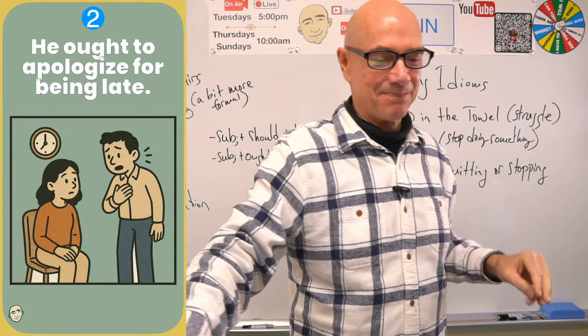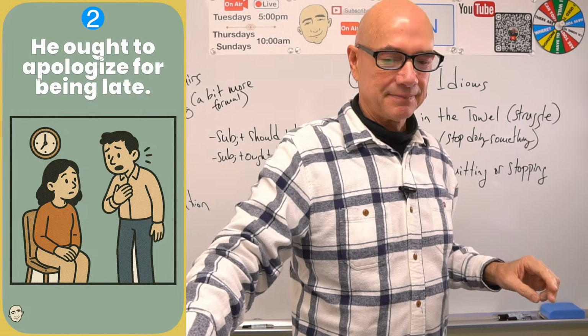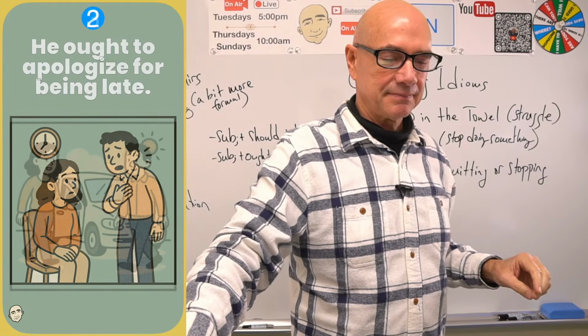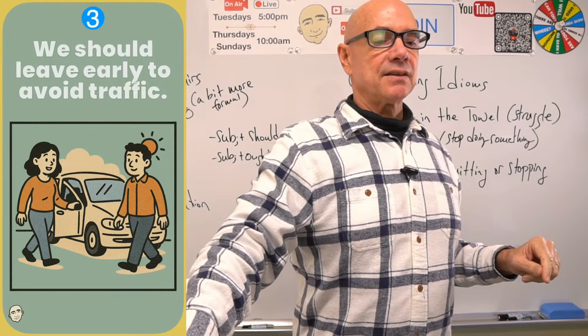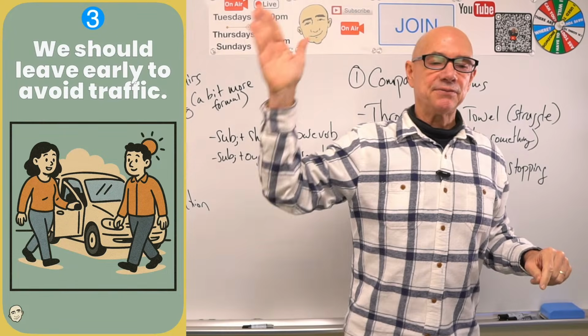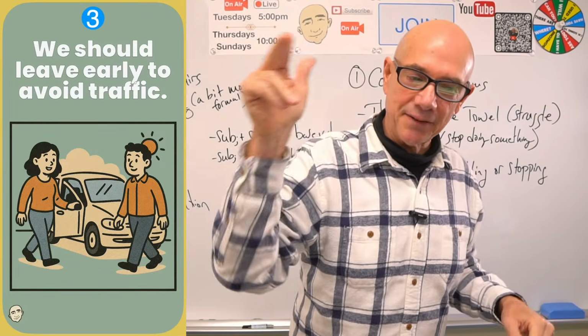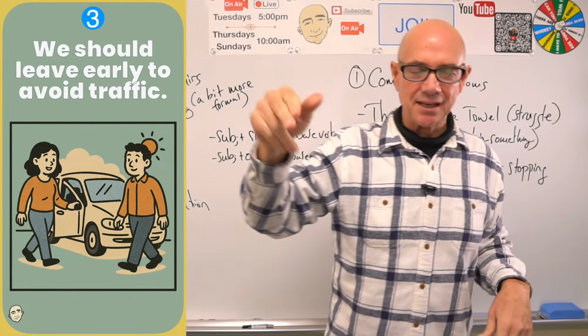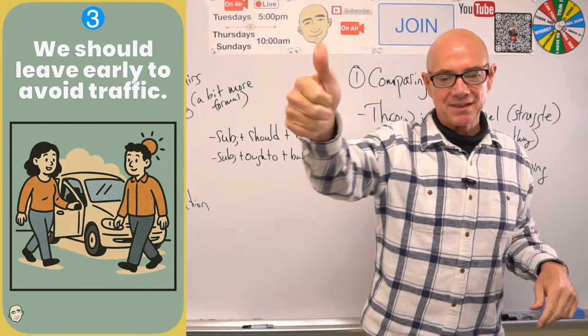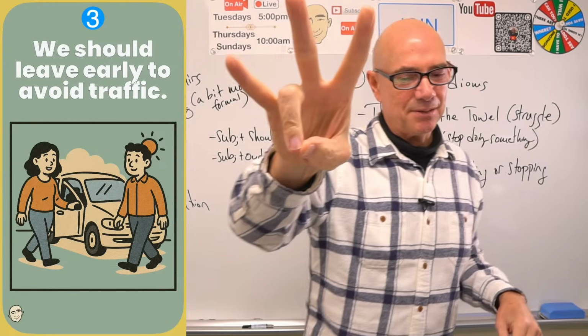Here we go. Number 3. Number 3 is, you should leave early to avoid traffic. Good advice. Did you get it right? Helga, 3 chocolate bars.